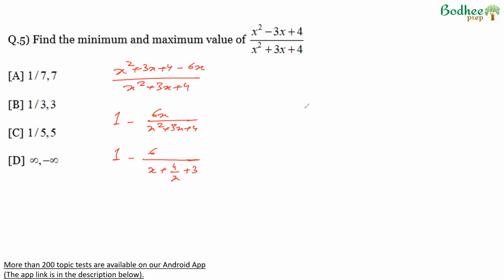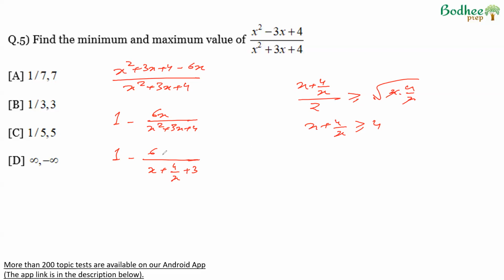Now, if I look at x plus 4 by x, AM upon 2 is greater than or equal to GM, under root of x into 4 by x. So x plus 4 by x is greater than or equal to, x and x cancel, root of 4, 2 into 2, 4. Minimum value for this is 4.